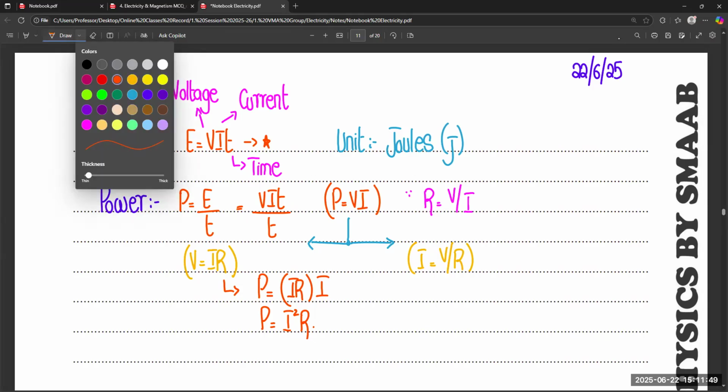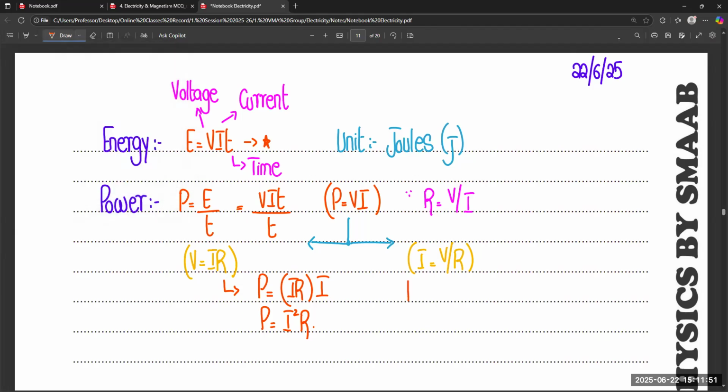So power is equals to V into V over R. So another variation of the power formula is V square over R. So these are two other variants of the formula of power.